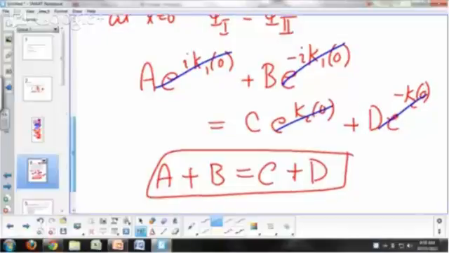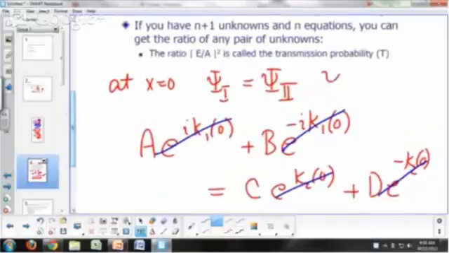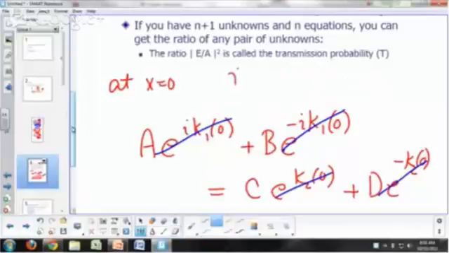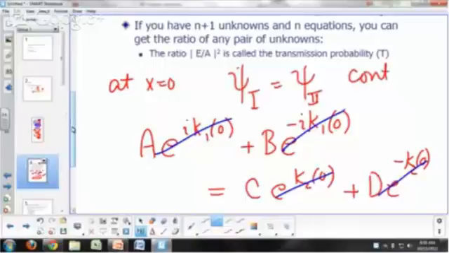So here, this is the condition that must be satisfied when we say psi is continuous. Psi 1 equals psi 2. So psi is continuous there.